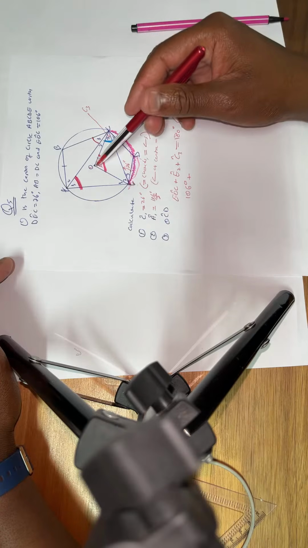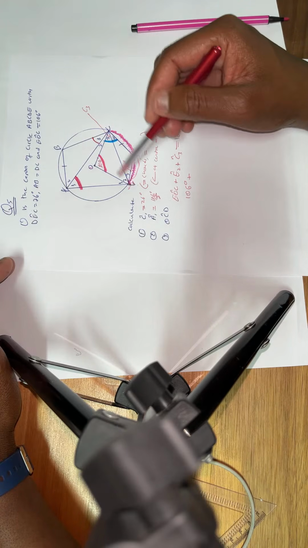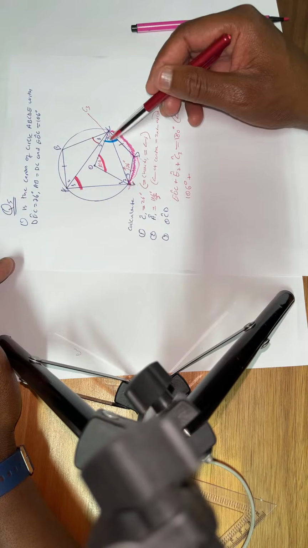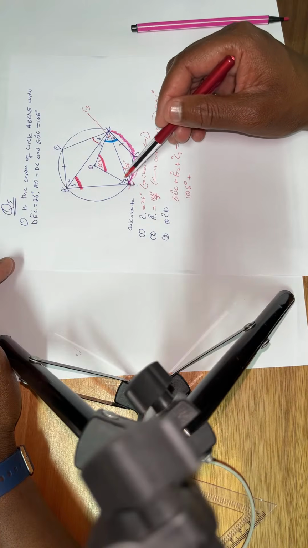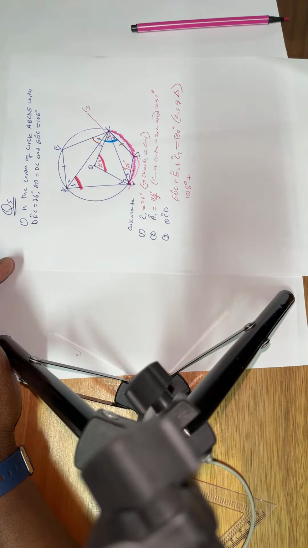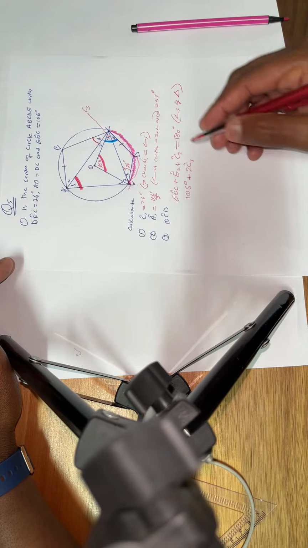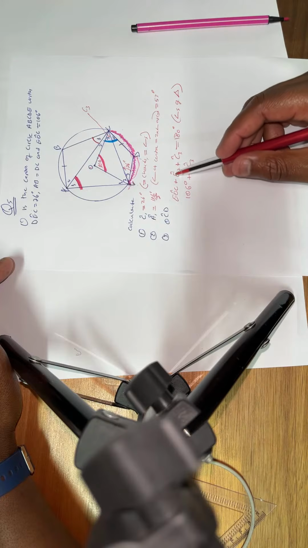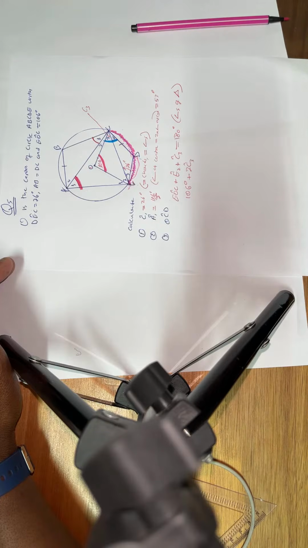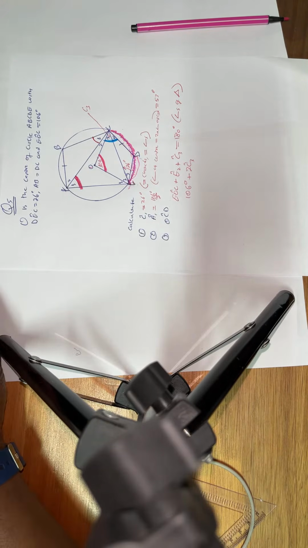So if these adjacent sides are equal, therefore C3 is equal to E2. So we are allowed to say we have 2C3. Why? We've replaced E2 by C3 because they are equal.